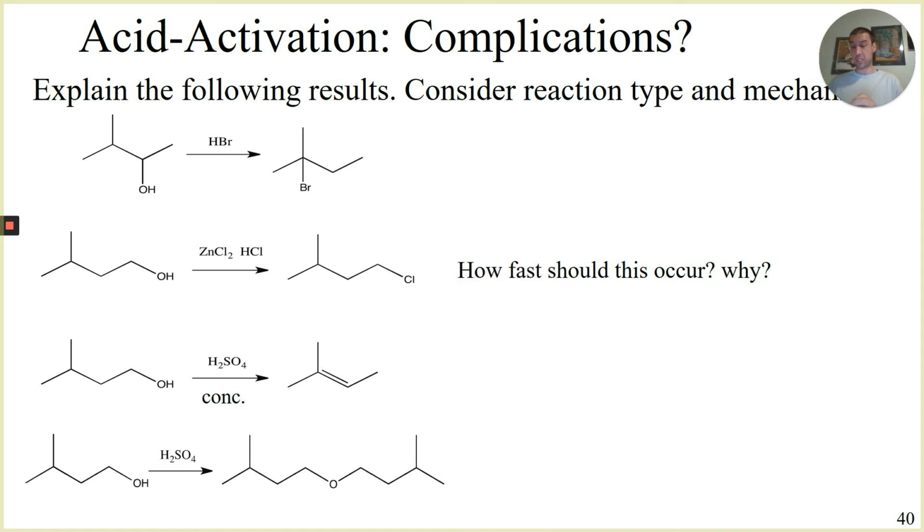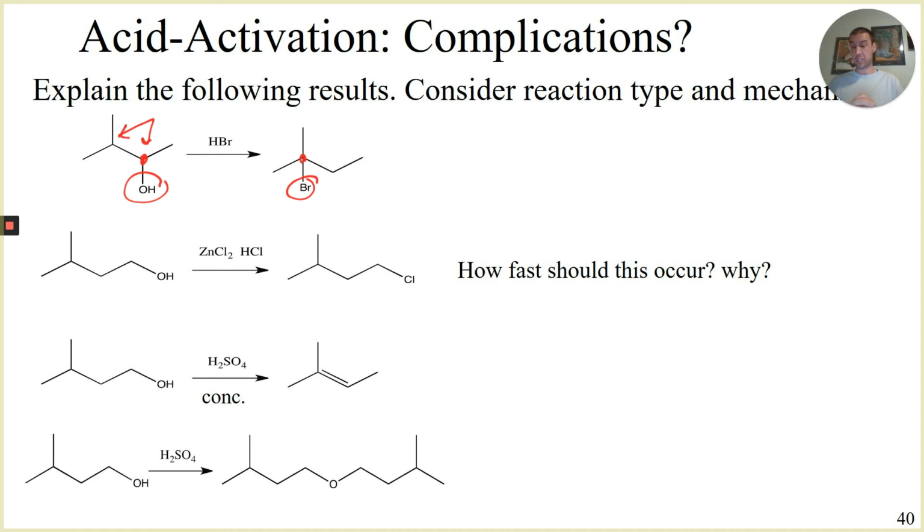Okay, so if we go through and consider this, we moved positions. We changed locations. The only reason that should have happened is if we moved through a mechanism that would allow a change in positions. Eliminations could be great because that would allow me to take chemistry at one carbon and convert it to being at two carbons because we have an alkene.